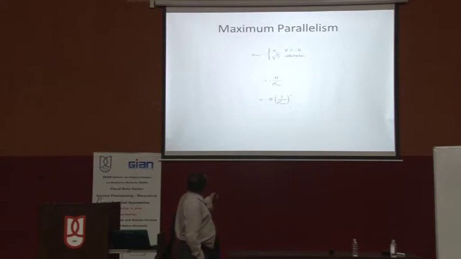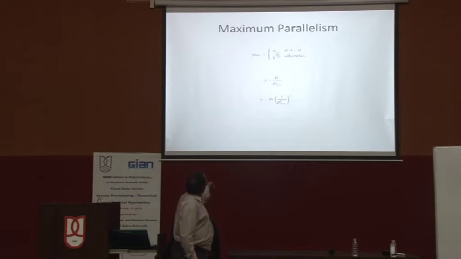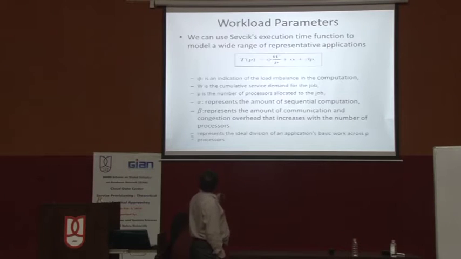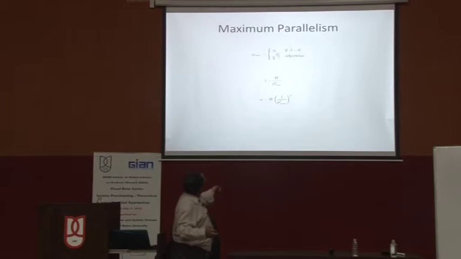Now, this P, you see, the number of virtual machines. This is how we compute the number of virtual machines assigned to you. Basically, if you have this as 0, there is no communication, right? So this models a bag of tasks.